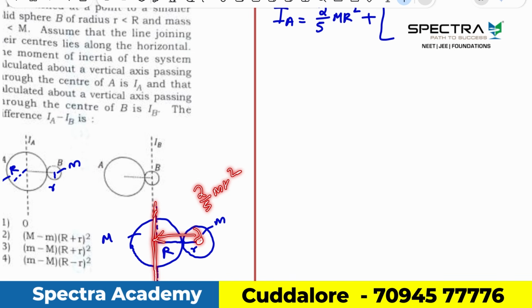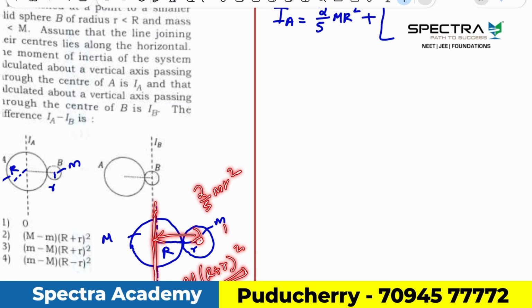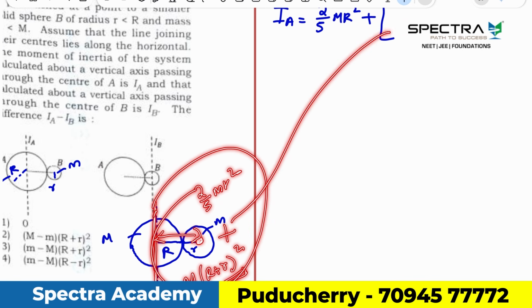So for parallel axis theorem it is m into R plus r square, isn't it? Mass into distance square. Okay, so the addition of this should also be there.